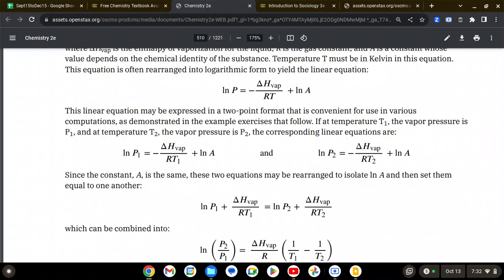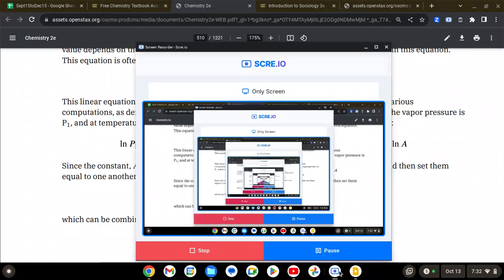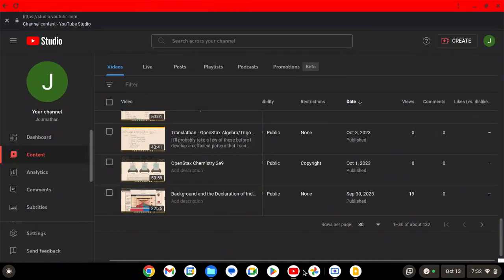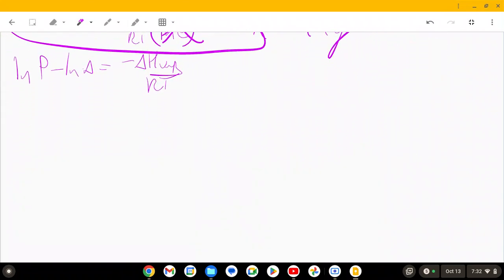This linear equation may be expressed in a two-point format that is convenient for us to use. Basically, this goes back into the whole algebra thing. This is why I think you guys should follow me if you want to learn some of these things.